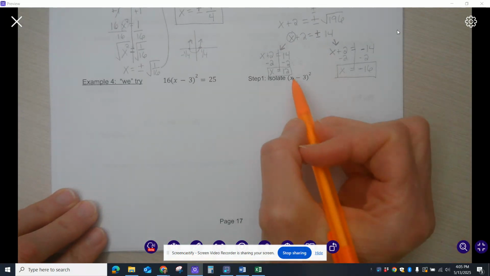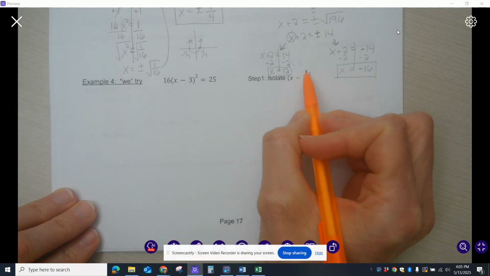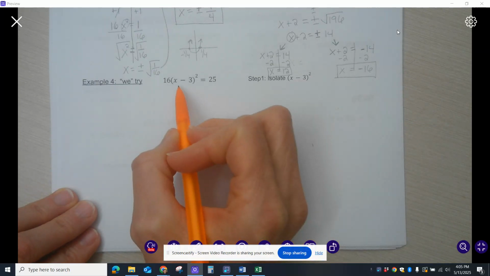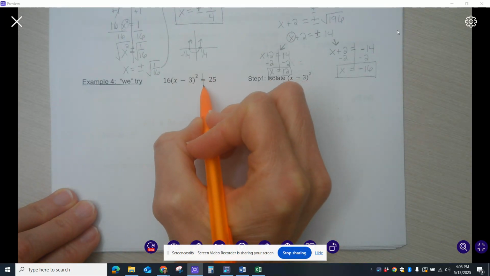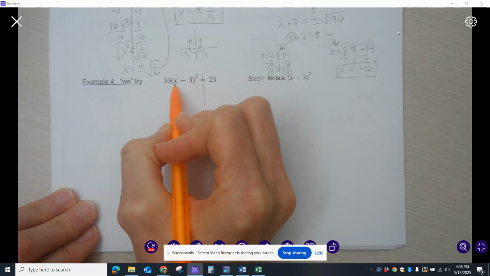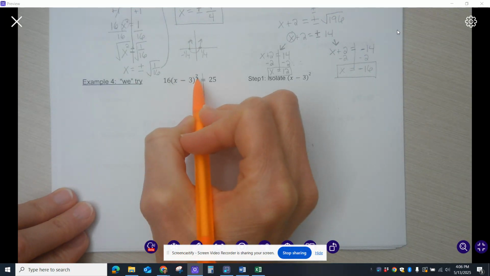Now this says the first step is to isolate this x minus 3 squared. So if you look at this equation, it's an equation, so I'm going to draw my line. I know I'm trying to get x alone. X minus 3 is trapped inside these parentheses, and there's that 2, that's the lock.